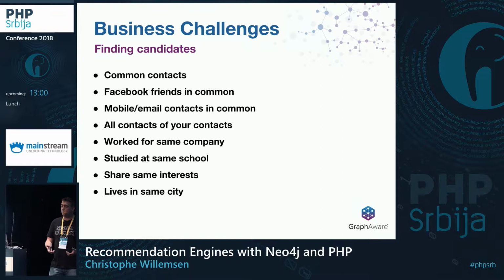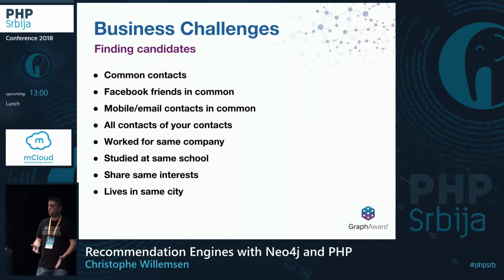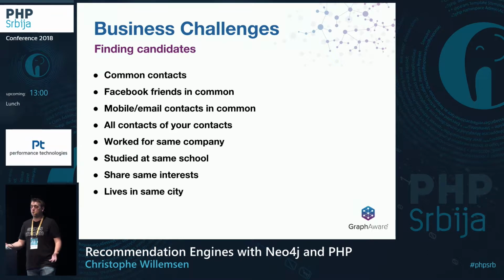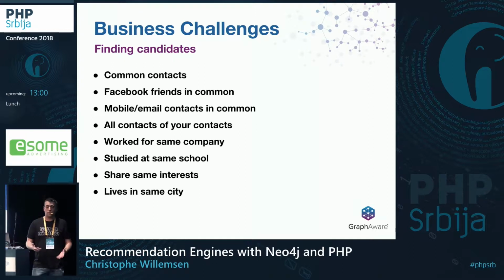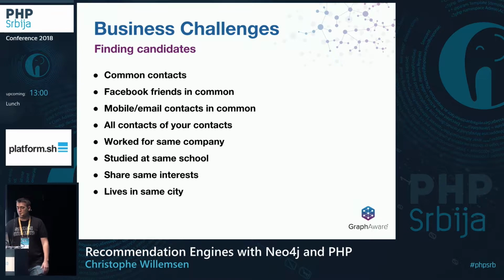If you work for the same company, if you studied at the same school, if you share the same interests, also can be skills on LinkedIn, for example, or if you live in the same city. All those features are possible ways to recommend new users to connect to a specific user. And here the list is very shortened, because if you look at LinkedIn, there are hundreds of ways to be able to recommend users.